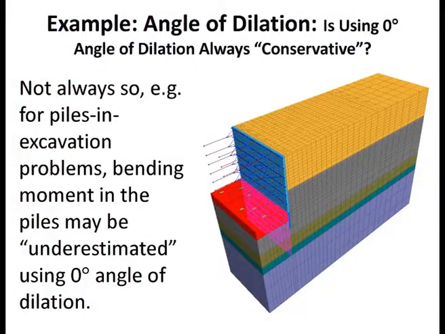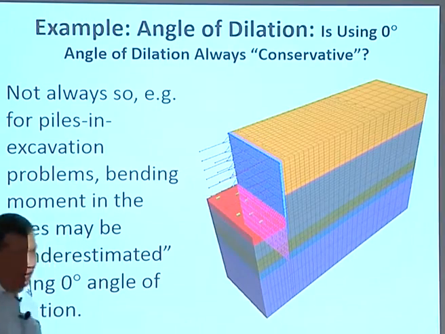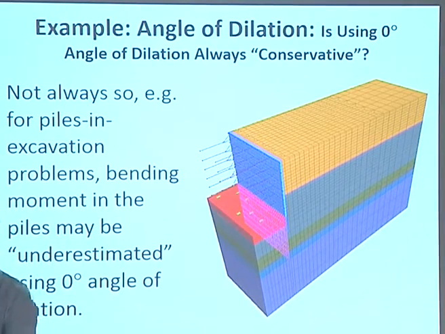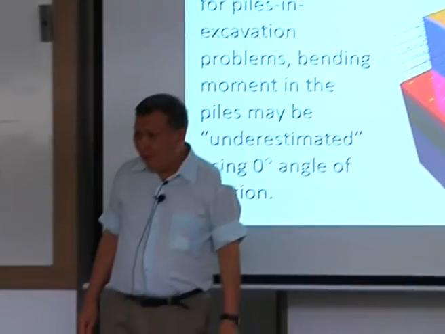And I found to my surprise that when you set a 0 dilation angle, the bending moment in the pile is smaller than if you set a 5 degree or 4 degree dilation angle.